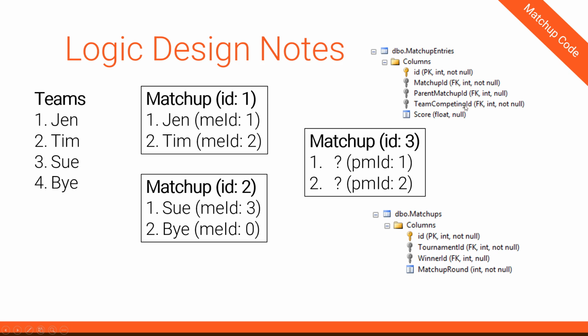And the team competing will also be blank because we don't know yet who the winner is of this first round. Now, the same thing is true for this one, except that really what we'll do is we will automatically move Sue's team into this because we know she's going to win her matchup with the bye week.